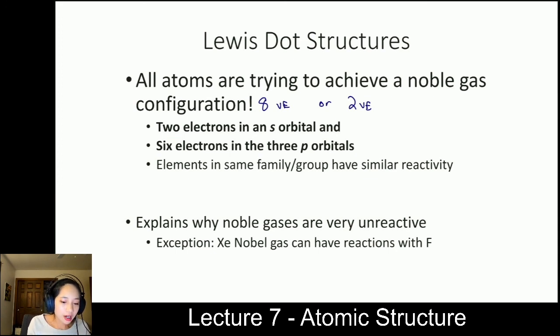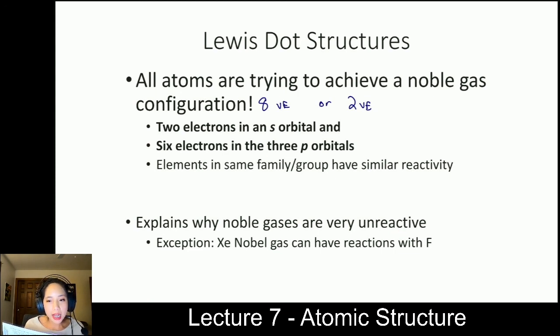So if there are 8 valence electrons, 2 of those electrons come from an s orbital and 6 come from a p orbital. And because elements in the same family have the same number of valence electrons, they have similar reactivity because atoms react to achieve noble gas configurations. And again, this explains why noble gases are not reactive at all.